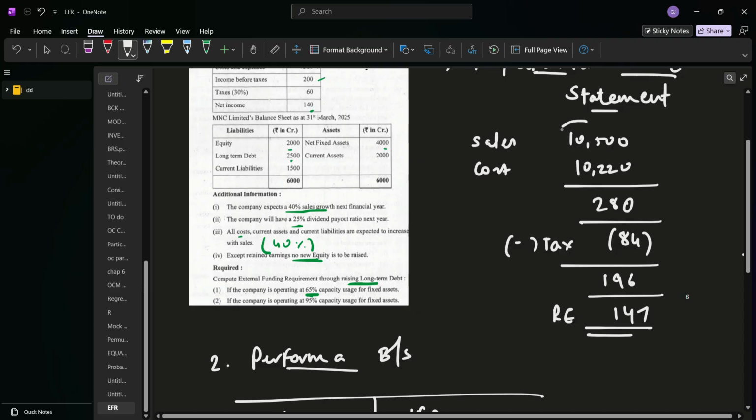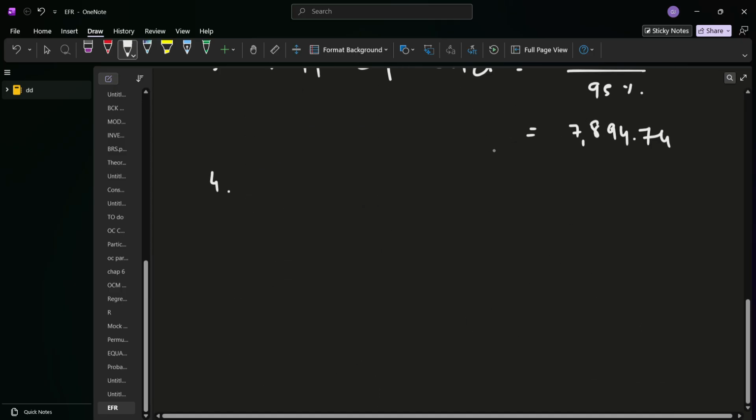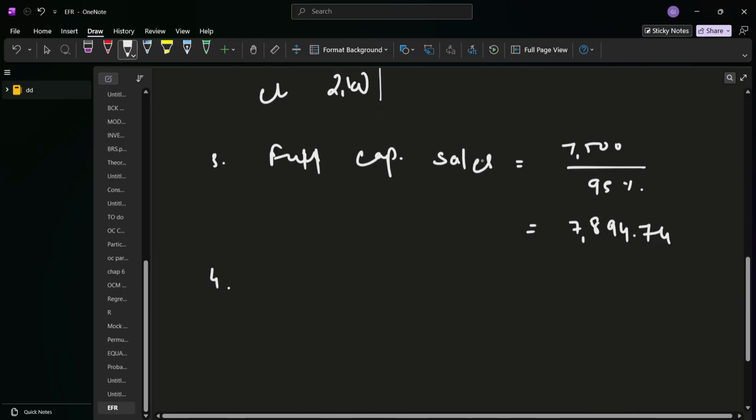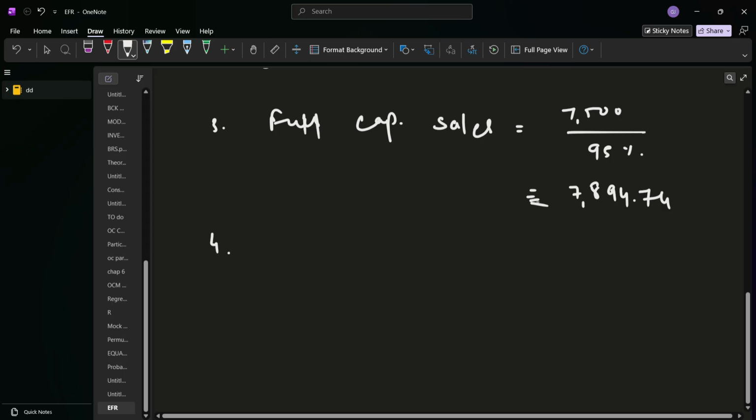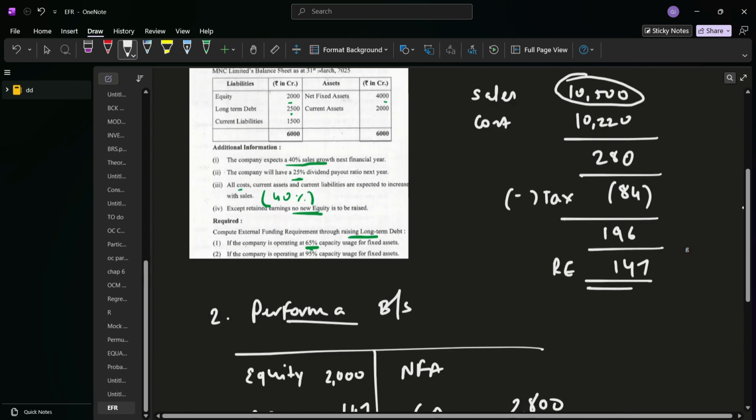Okay. Now, remember, we are expecting a 40% sales growth. That is 10,500. And you can clearly see, even by using 100% of the capacity, we are only able to generate sales of 7,894.74. Now, recall the previous part.